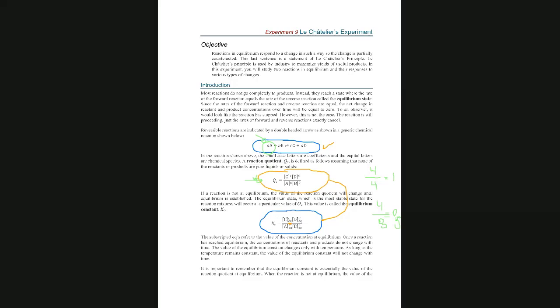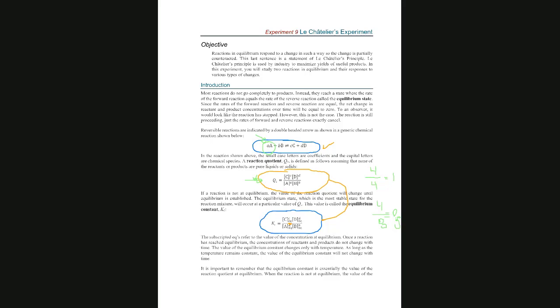Since Kc does not change and has a fixed value, we said the equilibrium constant does not change. It's tabulated in books at different temperatures. So QC is smaller than K. The only way for QC to equal the value of Kc is to increase the products' concentrations, to increase the value of C and D until QC equals Kc.